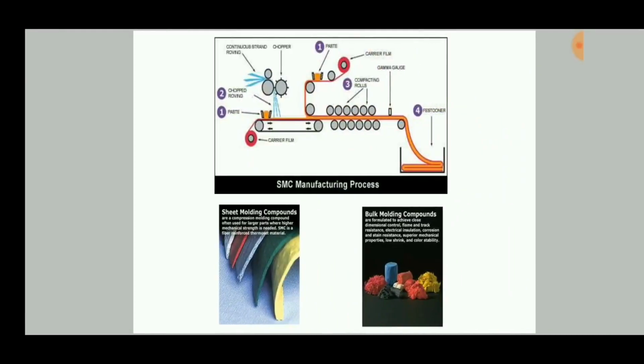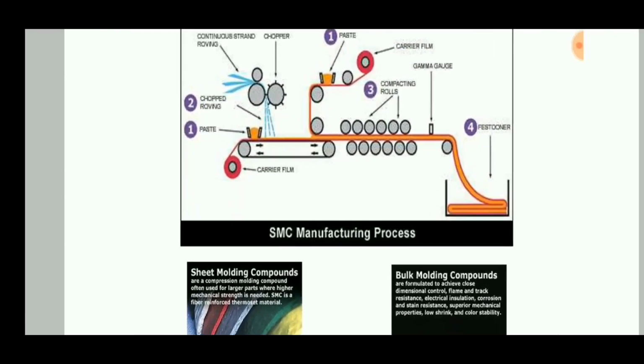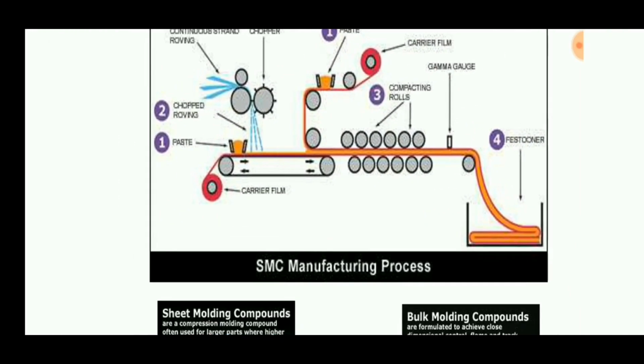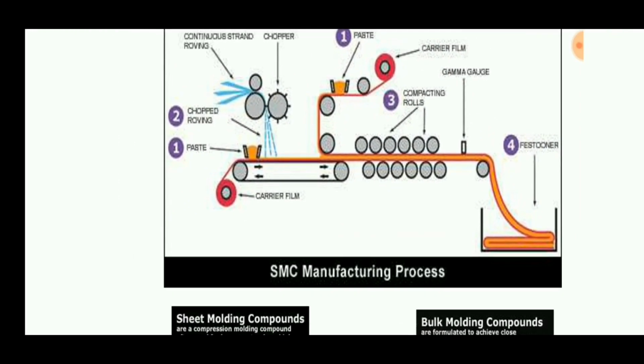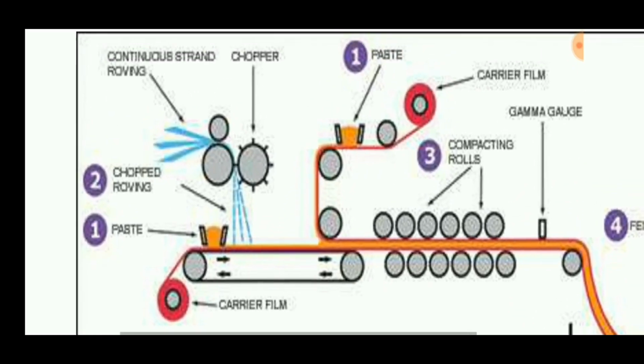Then this is the diagram for sheet molding component manufacturing, where a paste is placed in a container and a carrier film is pulled over the pulley system, and the paste is applied on the carrier film, and the fiber is chopped using a chopper.